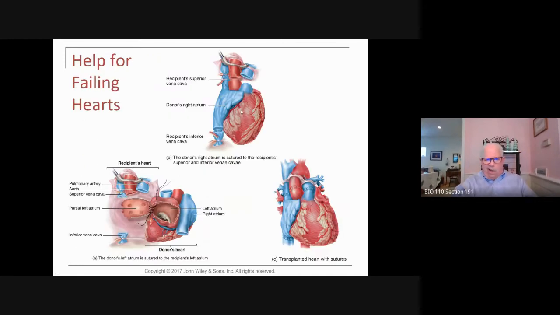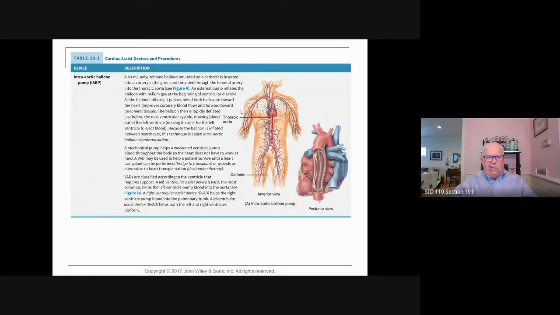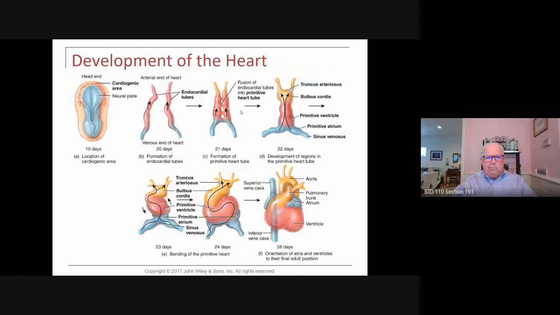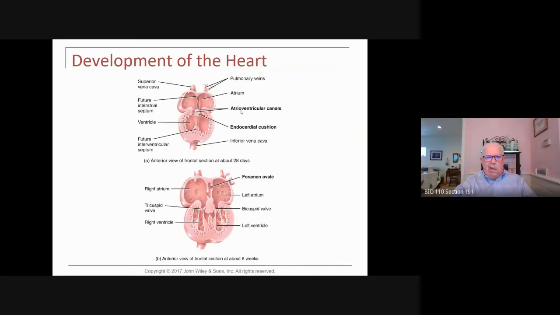Failing hearts, I'm really not going to ask you any questions on failing hearts. This is for medical students. You don't need to know about failing hearts or the intra-aortic balloon pump or the left ventricular assist mechanisms. I would not ask you questions on that, and I will not ask you any questions on embryology either.